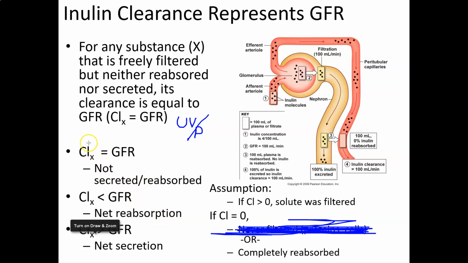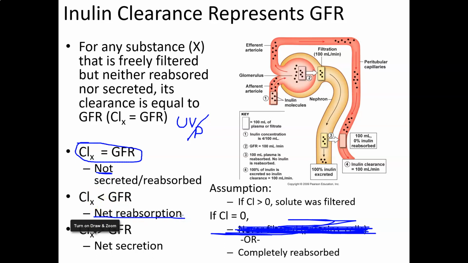If clearance equals GFR, it tells us it was not secreted and not reabsorbed. Because if it was secreted, we'll see in a second, it'd be more than GFR, and reabsorbed would be less than GFR. And again, that would mean that substance was a good candidate to measure GFR. Now, if clearance is less than GFR, that means we have net reabsorption.